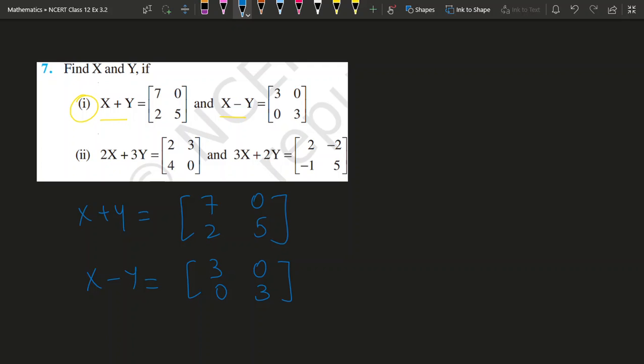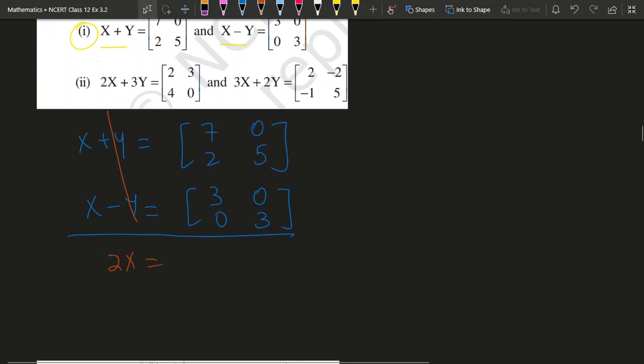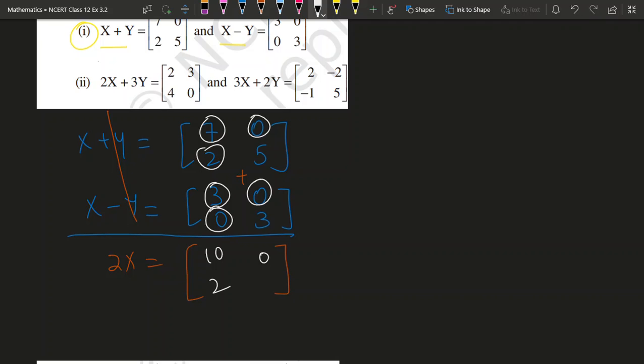So if you add these two equations up, just like you solve any real number linear equation, plus y and minus y would cancel each other, so you would get 2x equals, and you are now adding these two matrices up. So 7 plus 3 gives you 10, 0 plus 0 gives you 0, 2 plus 0 gives you 2, and 5 plus 3 gives you 8.